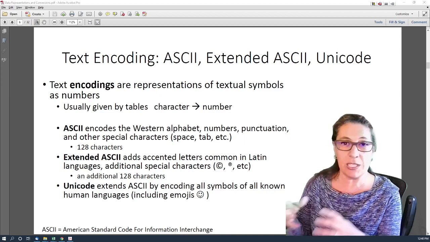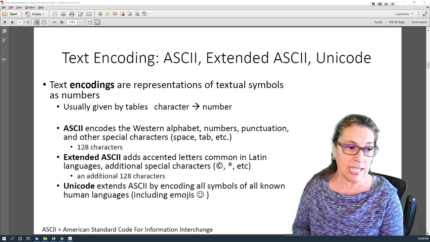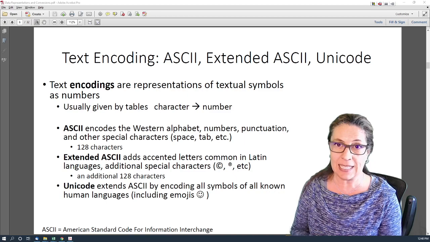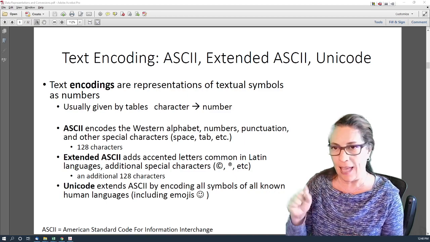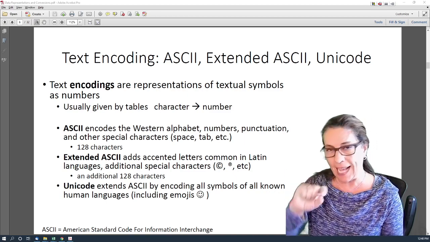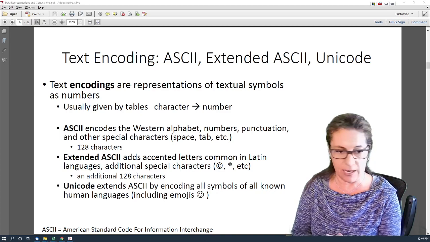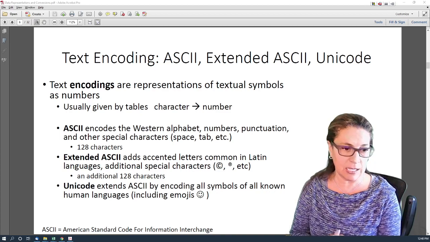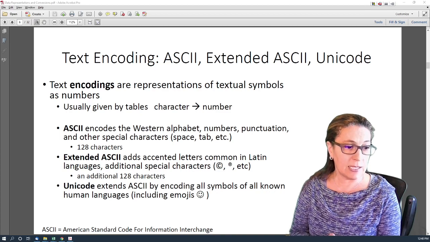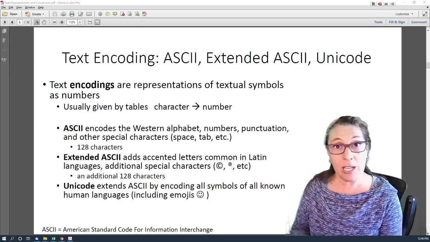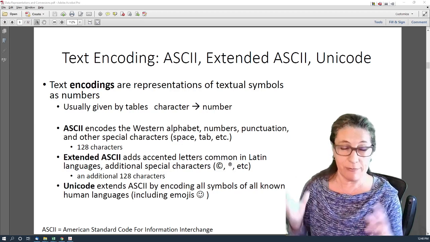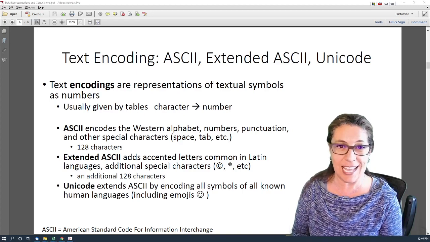So more characters were needed, and that's the extended ASCII that comes into play. You have the vowels with the little accents on them and all sorts of other characters that are used in Latin languages. So that added another 128 characters. So we have 256 on extended ASCII.